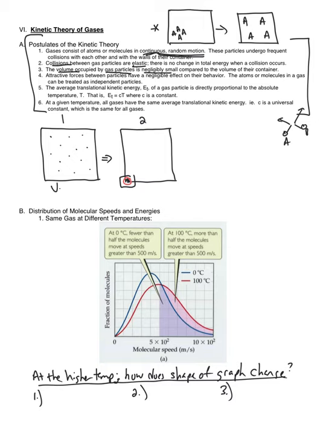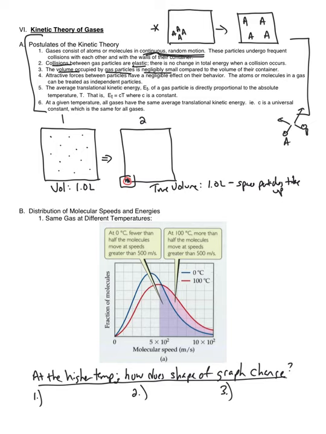Let's say the volume of the container is 1 liter. The volume for the gas is really the amount of space that the gas can travel throughout. Technically, the true volume would be the 1 liter minus the space that the particles take up, because that is the true amount of space that the particles can travel throughout.